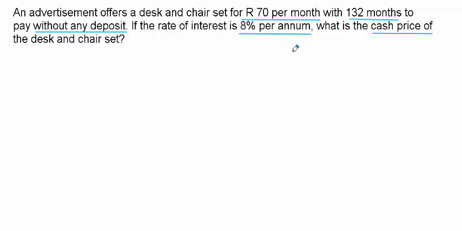As this interest is expressed per annum, that is the yearly rate of interest, our first job is to change 132 months to a certain number of years. So 132 months is going to be equal to 132 divided by 12, which is equal to 11 years.